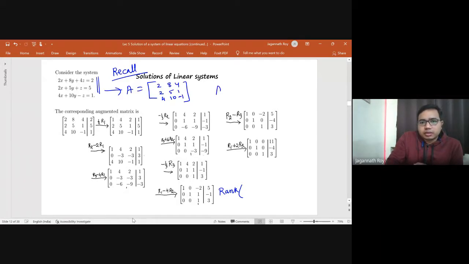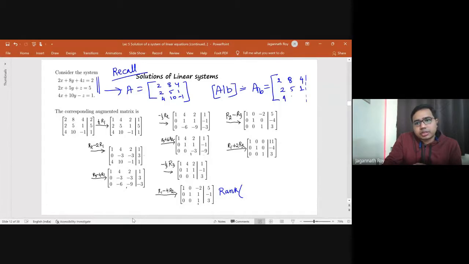Let us write A bar B, or we can write A B. Augmented matrix A B, A suffix B. So this will be 2, 8, and 4, and then 2, 5, 1, 4, 10, minus 1. So this we call the augmented matrix.